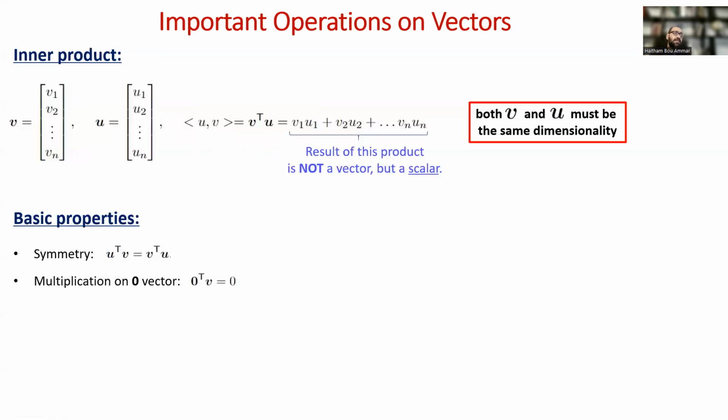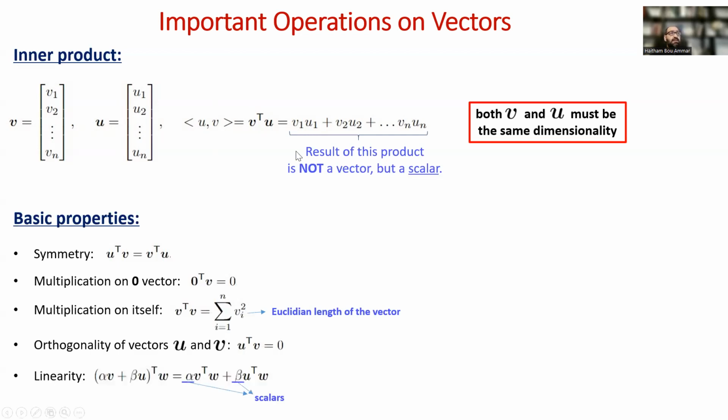We also discussed inner products, where you take the first component and the first component, multiply them, add that to the second multiplied by the second from the second vector, and so on. And this has nice properties like symmetry. If you multiply with the 0 vector, you get 0. And if you multiply a vector by itself, you get the Euclidean length of the vector.